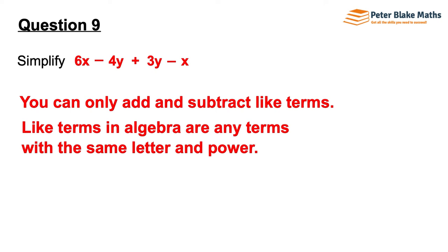We have a 6x and a minus x, and we also have a minus 4y and a plus 3y. So 6x minus x, or 6x minus 1x, leaves us with 5x, so they can be joined. And then minus 4y plus 3y, if we do that carefully on the number line or our calculator, we'll end up with minus y, or minus 1y. So our final answer when we've combined those pairs, 5x minus y.